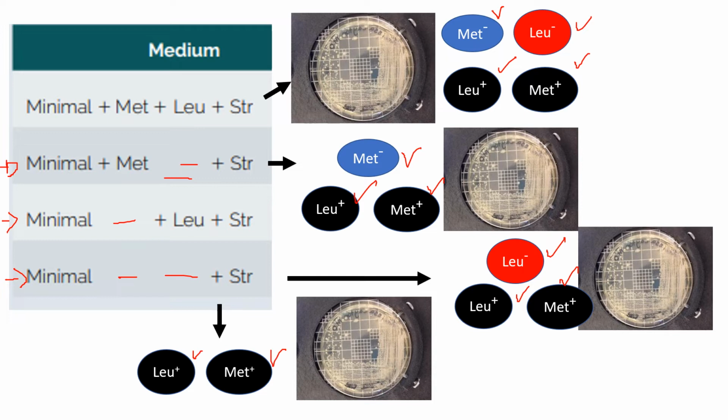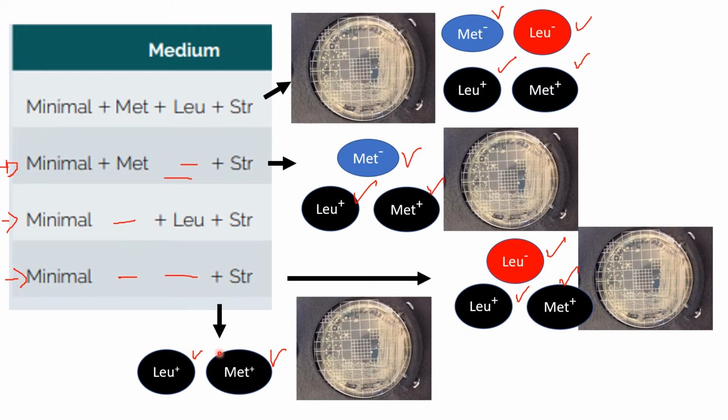So the key of this question, what they are asking you here, is what is the percentage of bacteria that have a genotype without the leucine? How do you obtain the percentage of this? You have to remove these two, the colonies that you know grow in this media.